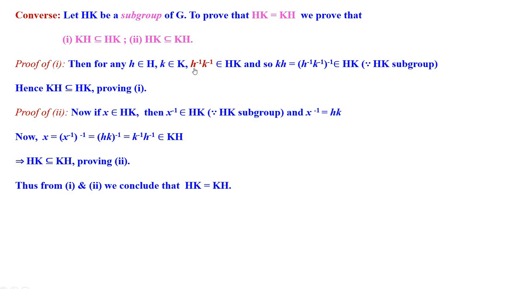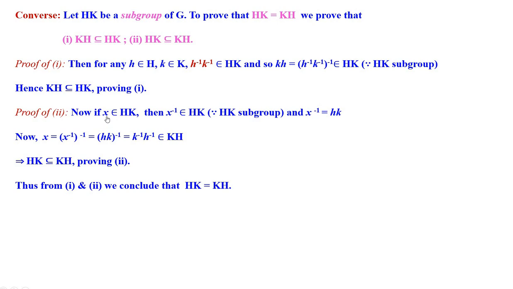Only if you consider it in this way can you talk about KH by considering its inverse, and that will exist in HK because HK is a subgroup. This K is an arbitrary element in capital K and this H is an arbitrary element in H. So you have your KH contained in HK. So that proves the first part.